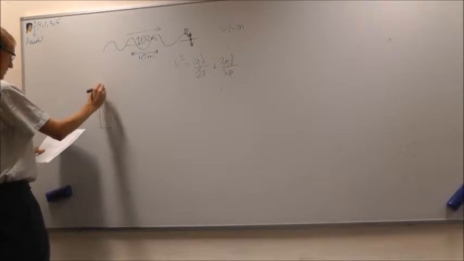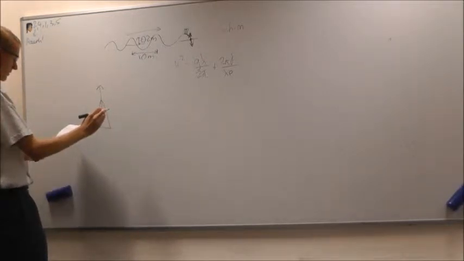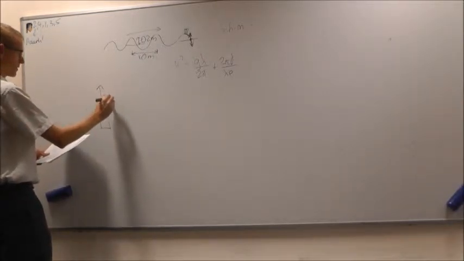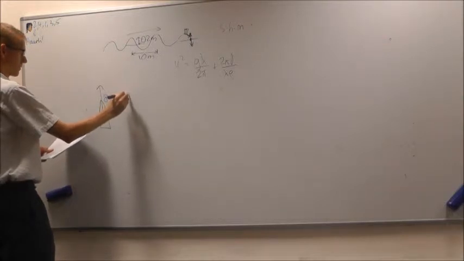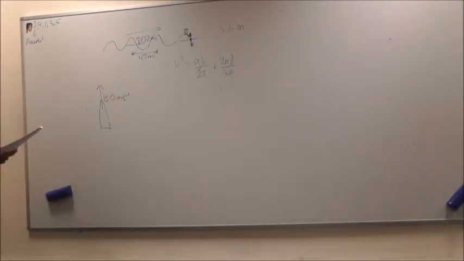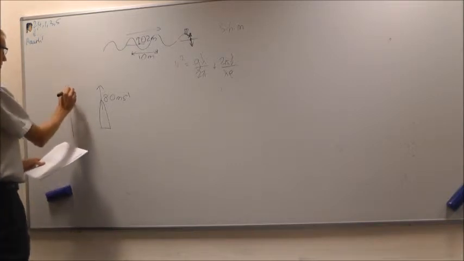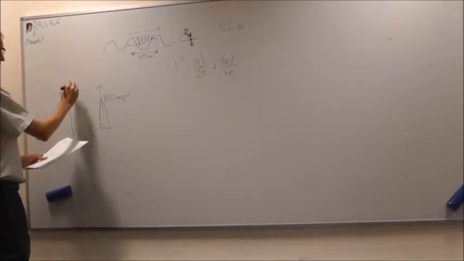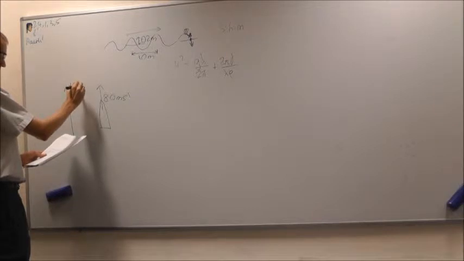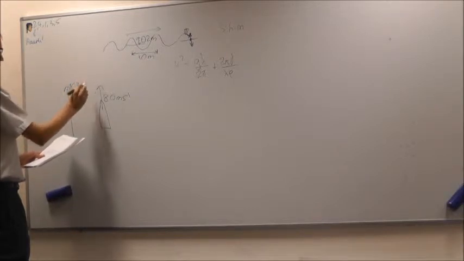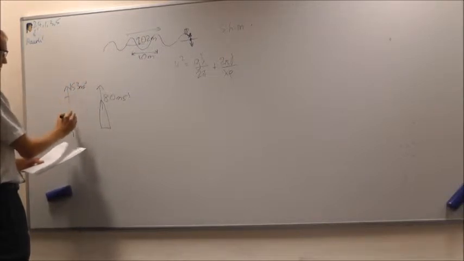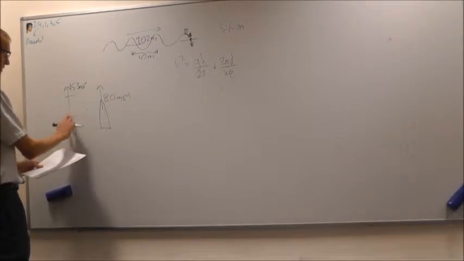There's our cruise ship. It's heading north at 8 metres per second. That way, the waves are going at 15.3 metres per second. They've got a wavelength of about 150 metres.